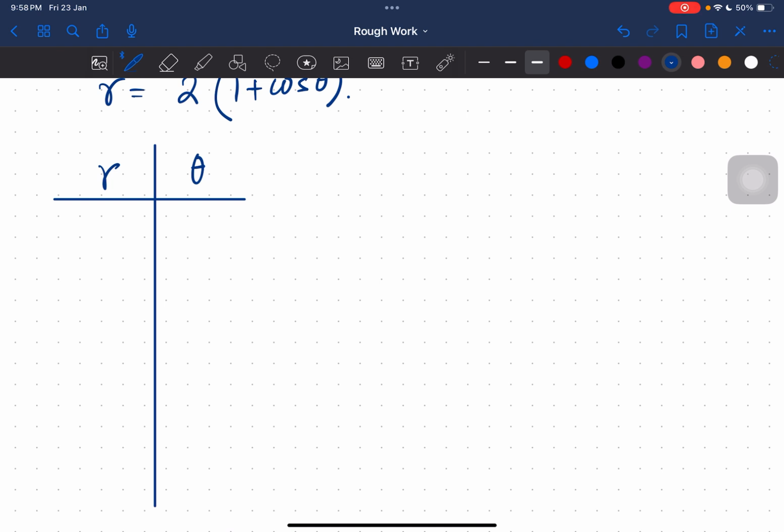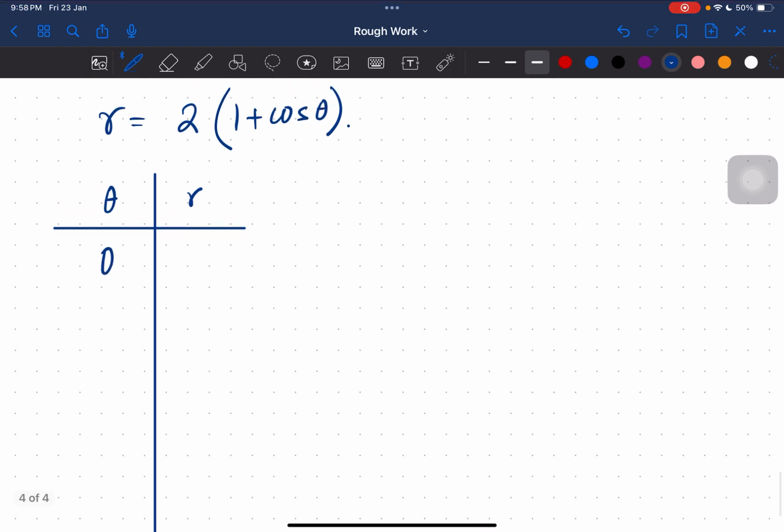We'll take theta and r. Let us take theta 0. Cos 0 is 1, so it is 1 plus 1 is 2, and 2 times 2 is 4. Next, let us take theta to be pi by 3. Cos pi by 3 is half, so 1 plus half is 3 by 2, so r is 3. Then let us take pi by 2.